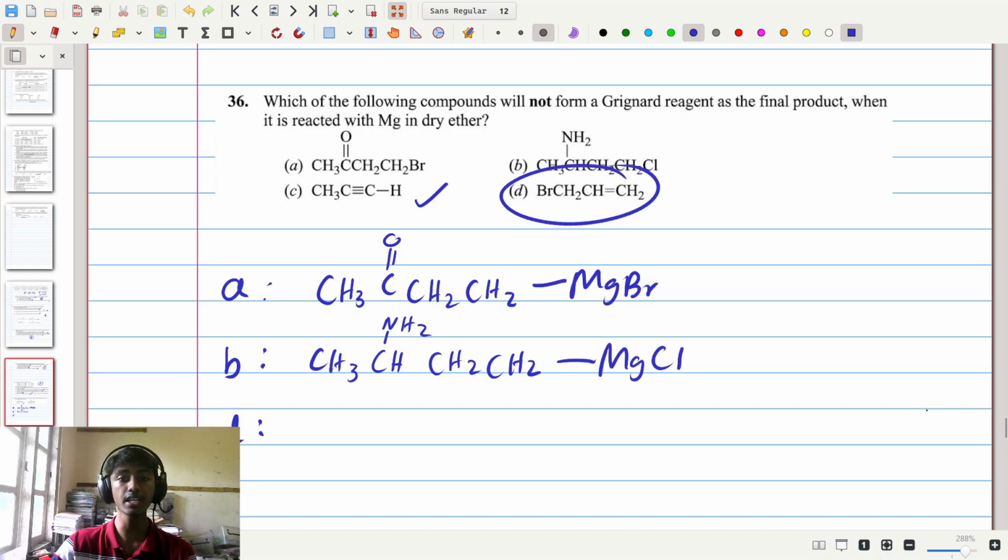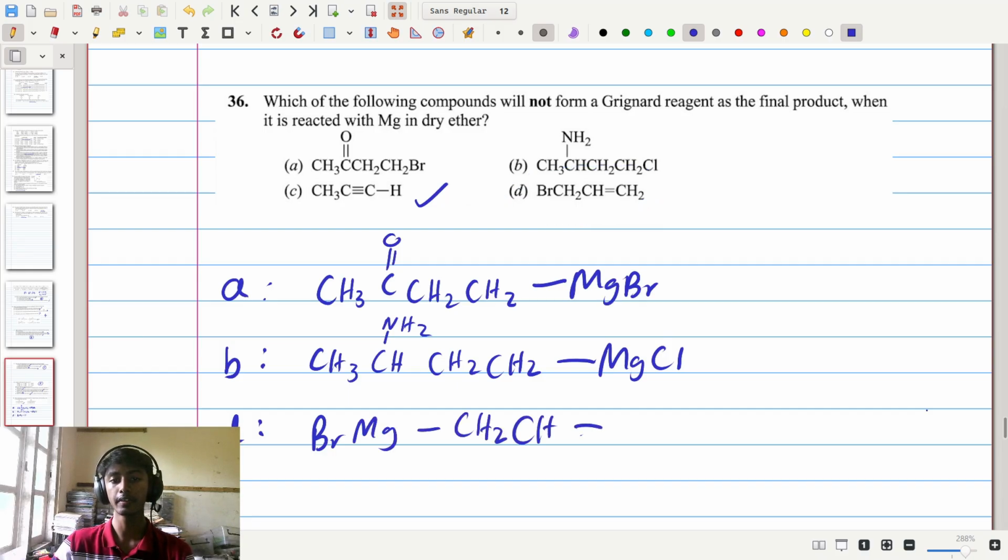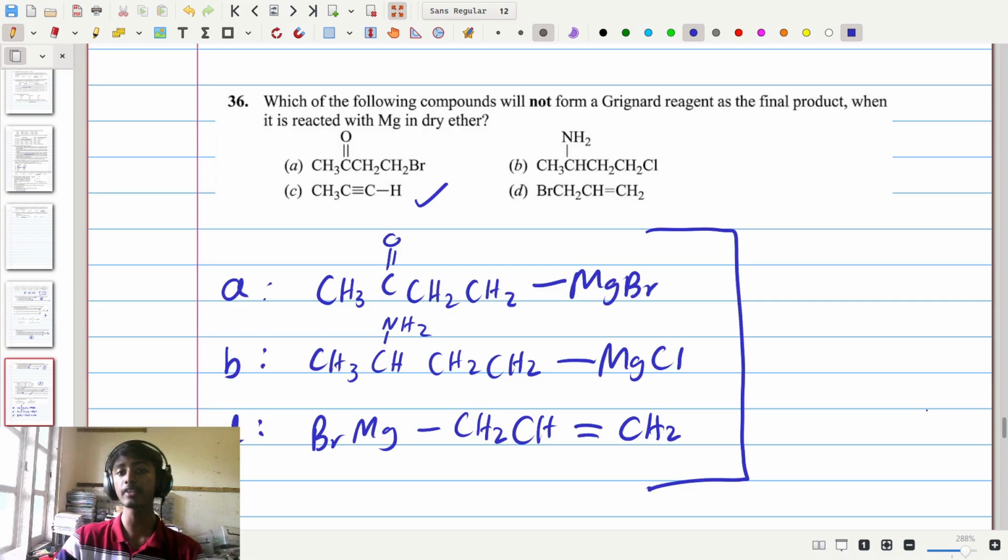And finally for D, we'll have BrMg, CH2, CH, double bond CH2. So these compounds will at least temporarily be created upon reaction of these compounds with magnesium in dry ether.